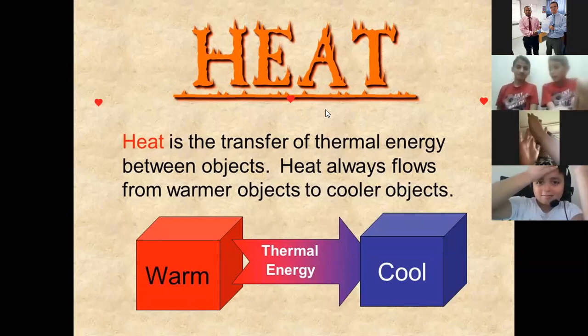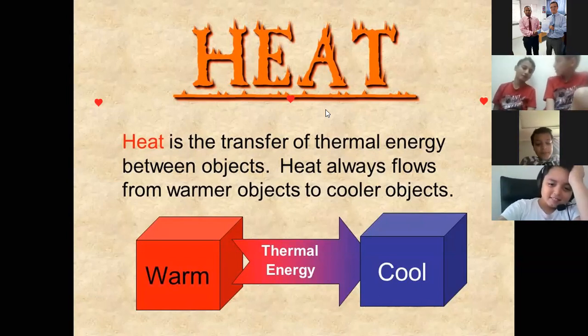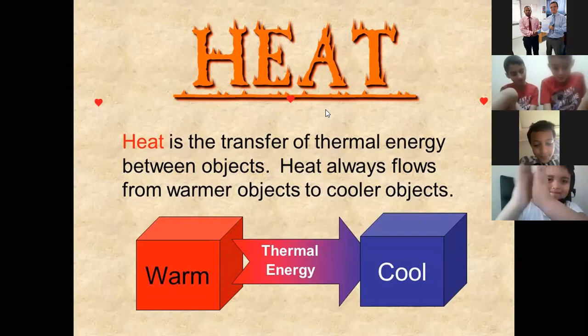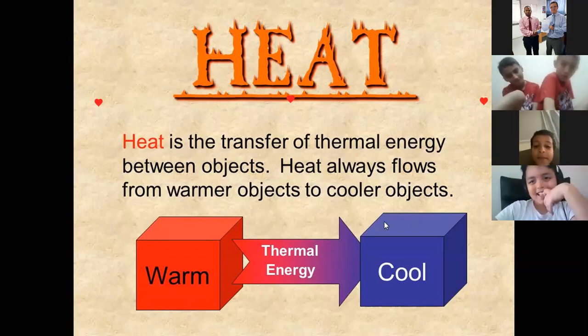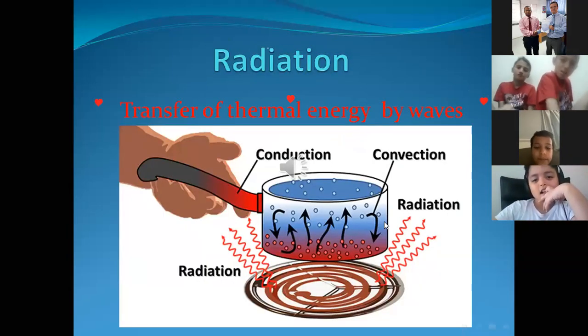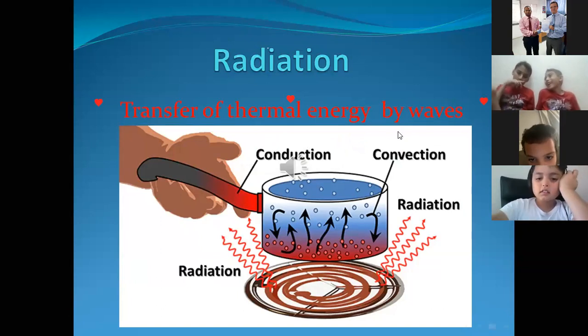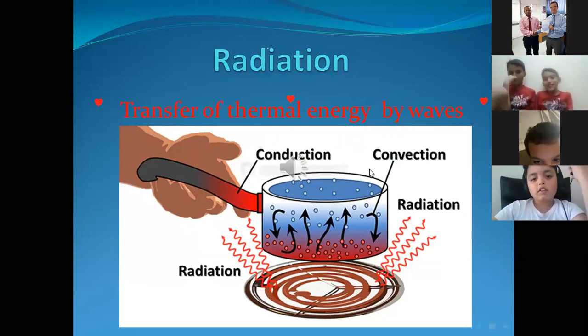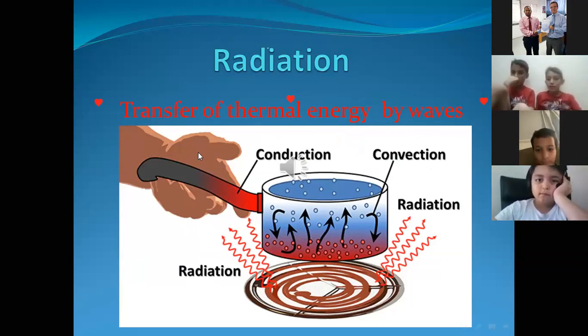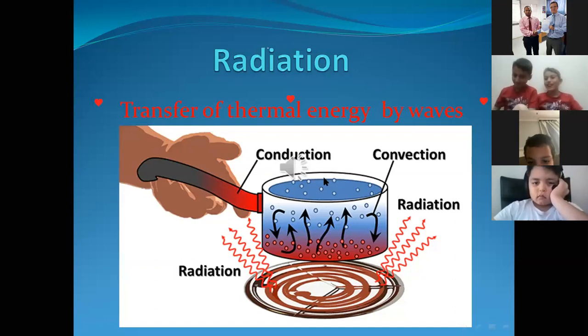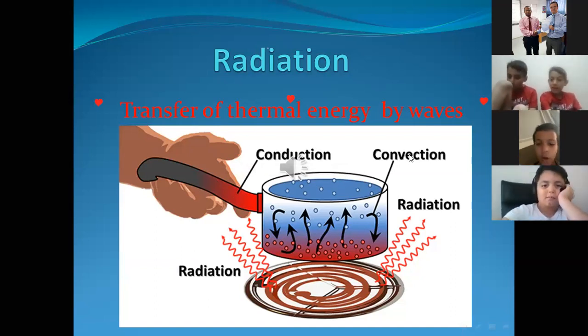Radiation is the transfer of thermal energy by waves. You can see it here. Look, Fuad. By waves. In this picture, you can see three different ways thermal energy can travel. Here, when the man touches with his hand, this is conduction. Inside hot water, this is convection.